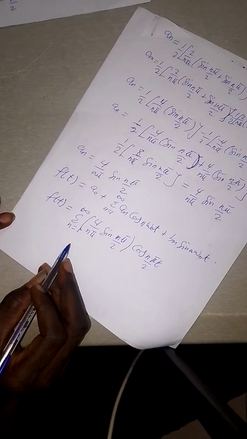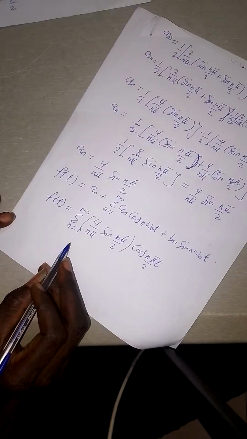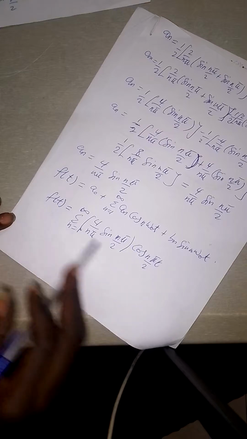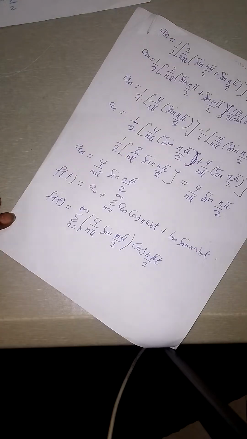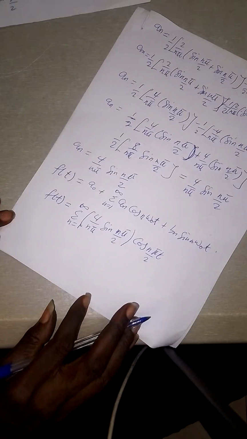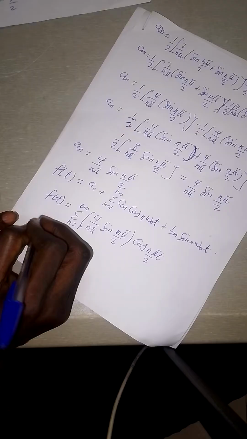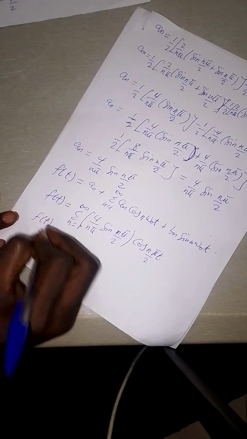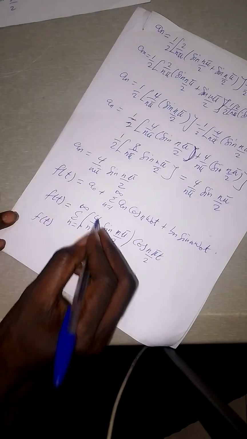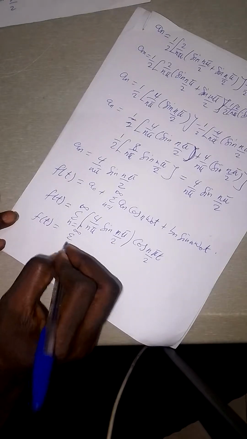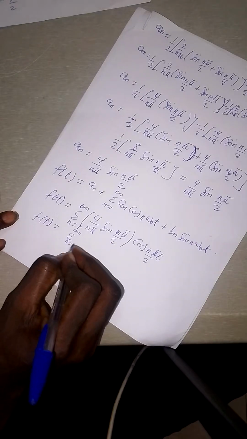Now what you can do is expand this equation. This is the Fourier series, but we can expand our Fourier series. If we want to expand our Fourier series, let's do something. We can say that this 4 over pi is a constant. So summation, this one, n equals 1.